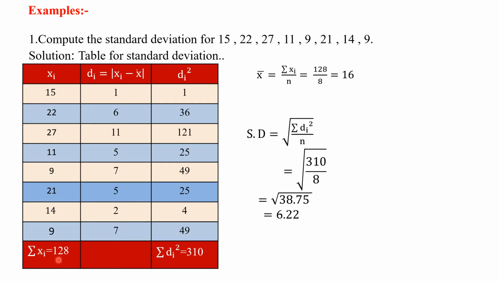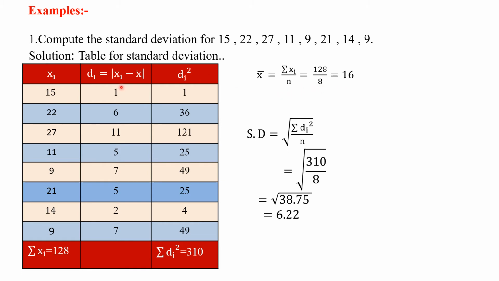In the end we will get 128. Let us calculate now mean x bar. It is given by summation xi upon n, that is equal to 128 upon how many observations are there? 1, 2, 3, 4, 5, 6, 7, 8. 8 observations, so n is equal to 8. 128 upon 8 is equal to 16.